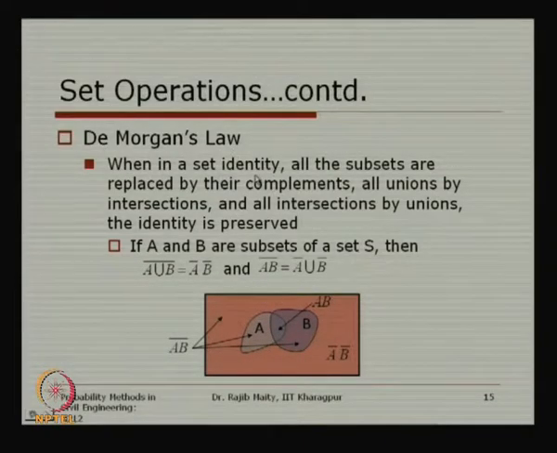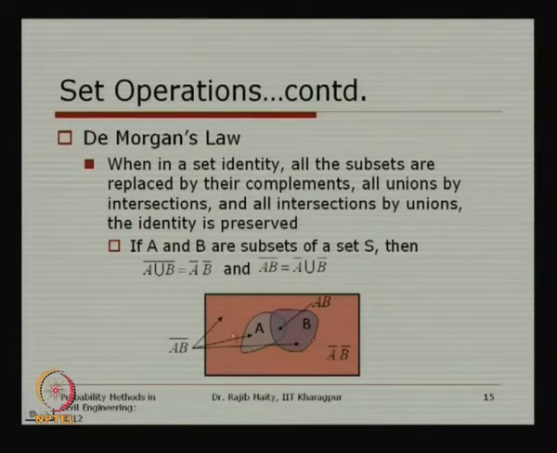When in a set identity all the subsets are replaced by their complements, all unions by intersections, and all intersections by unions, the identity is preserved. It may not be very communicable when I just say it, but we will explain what all these things mean.